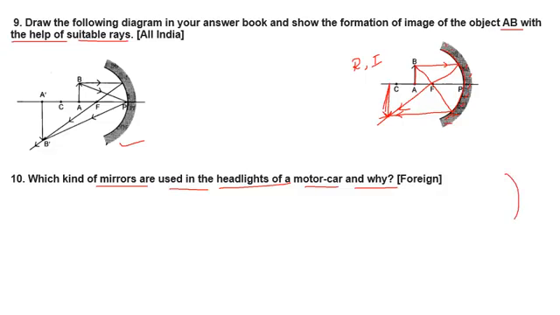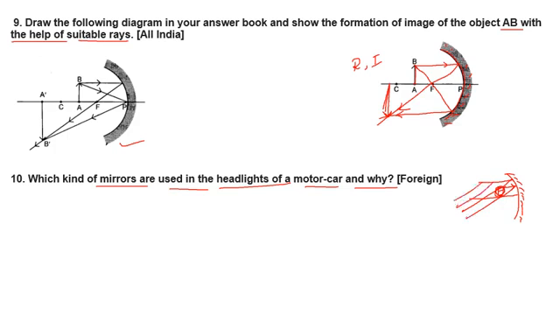If this is a concave mirror and I keep my bulb at focus, the rays after reflection pass through the focus and I will be getting all parallel rays.